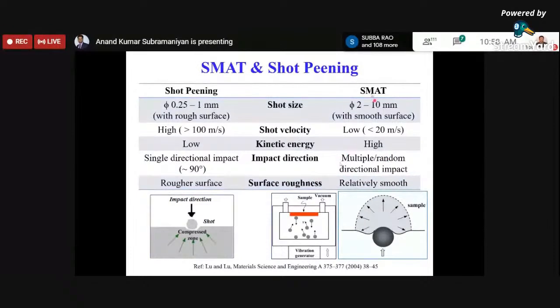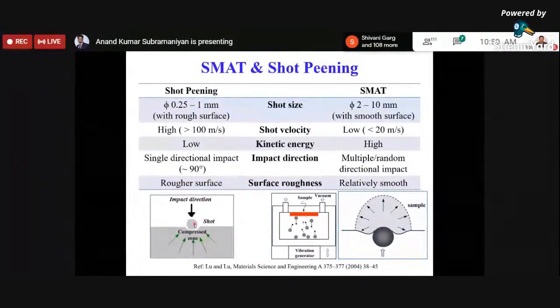For example, the ball comes and impacts the surface of the material, and the deformation can happen randomly. This ball can impact here, and this ball will impact here, this ball can be here and here. So you will generate plastic deformation at multiple locations.